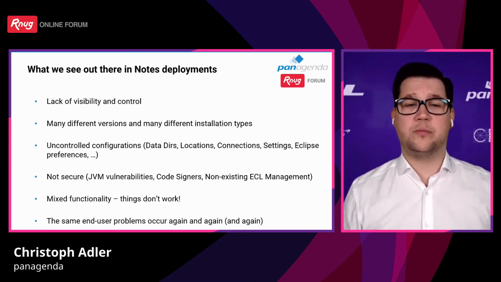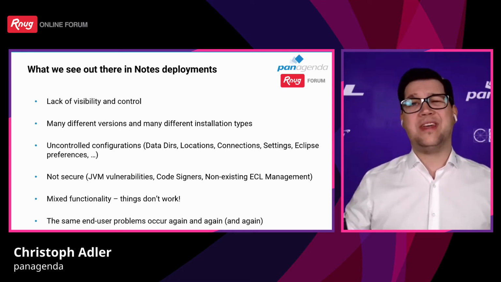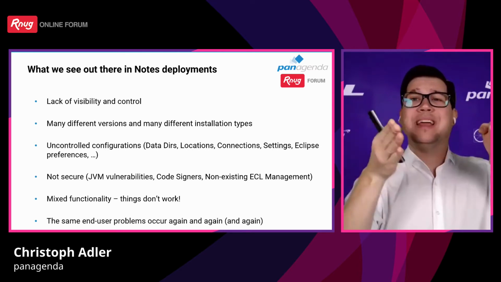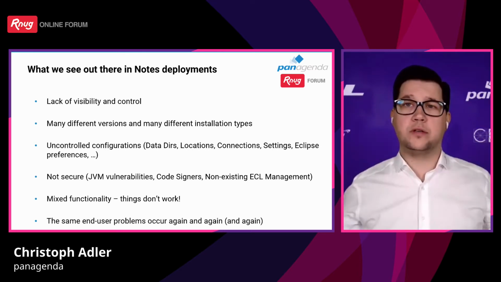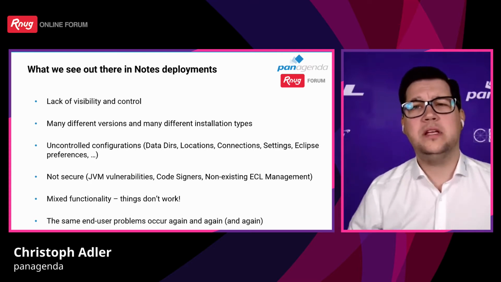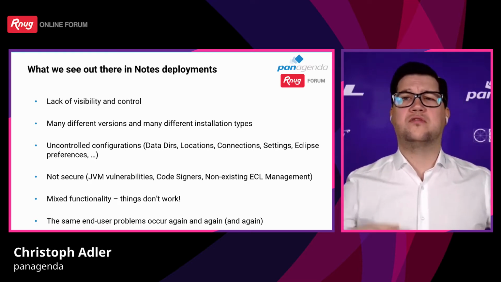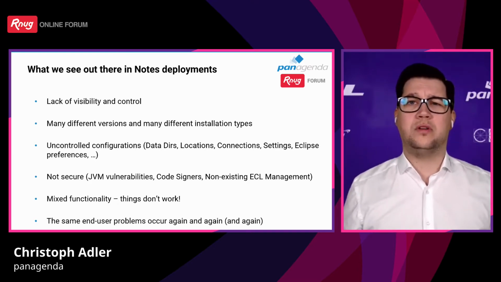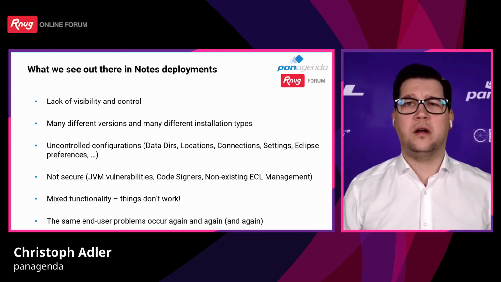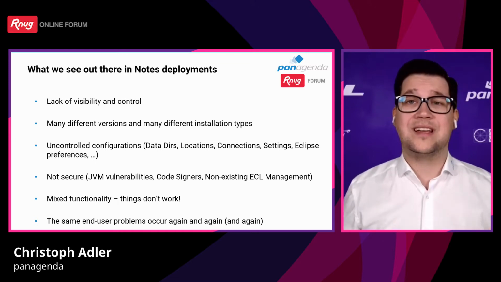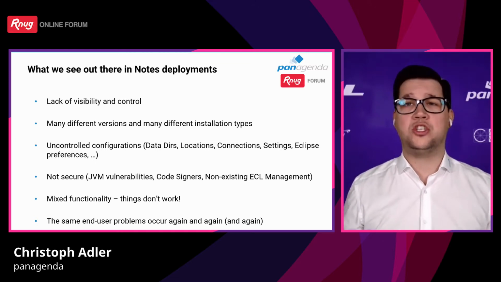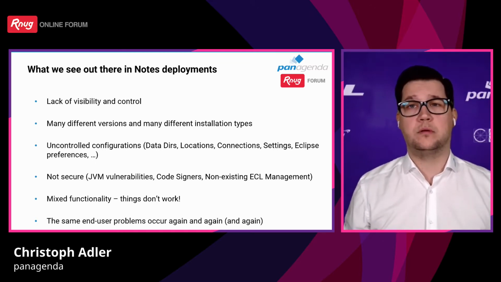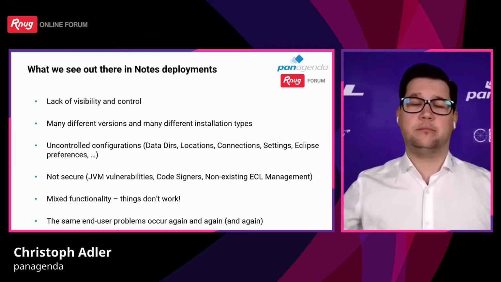The same end user problem often occurs again and again, maybe not on the exact same user, but on other users. So I see companies often struggling with support because they have the same problems out there, and a Notes client upgrade is the best chance to get rid of those problems, right? Just with one step.